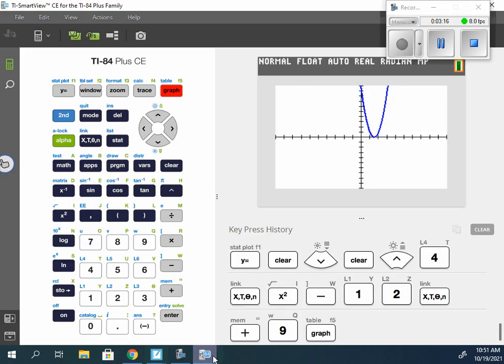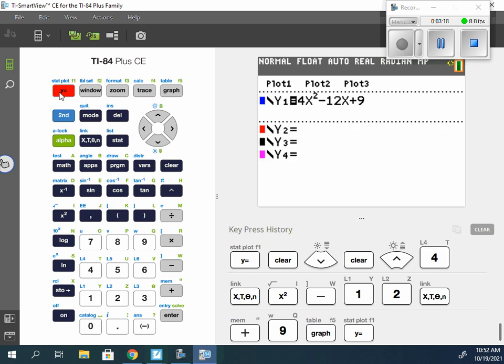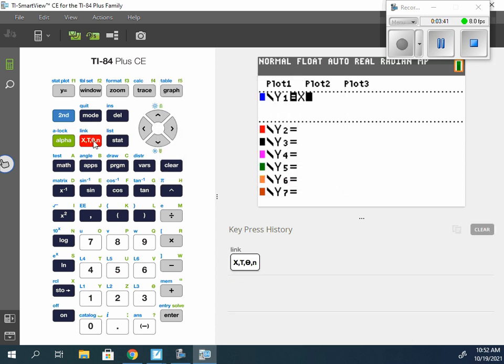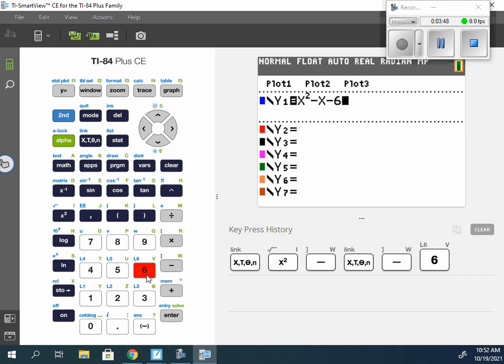What we can do is pull the graphing calculator up and hit y equals. If there's already a function typed in, we can clear it out by hitting clear. Then we type in x squared minus x minus 6.